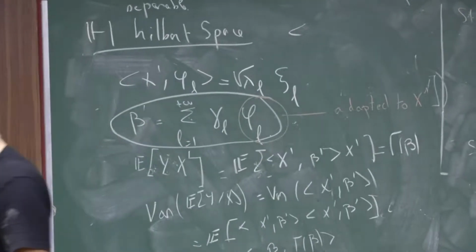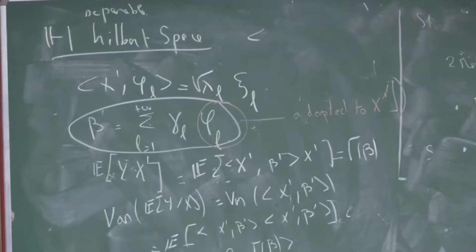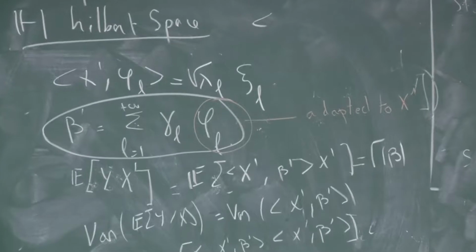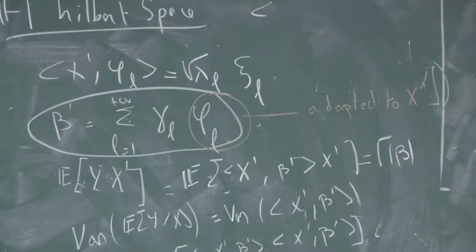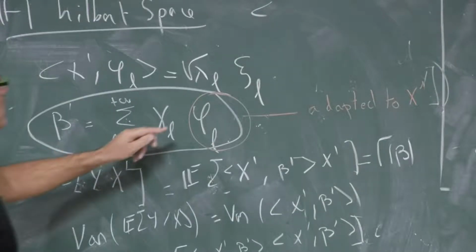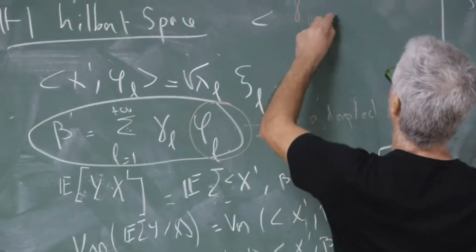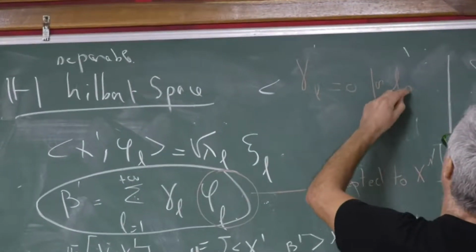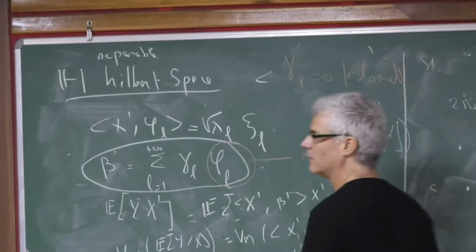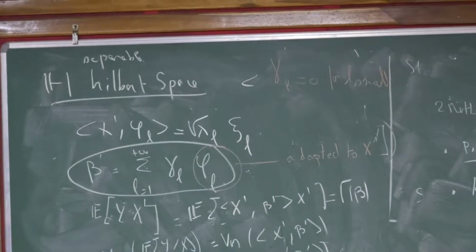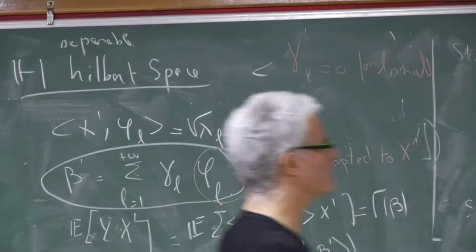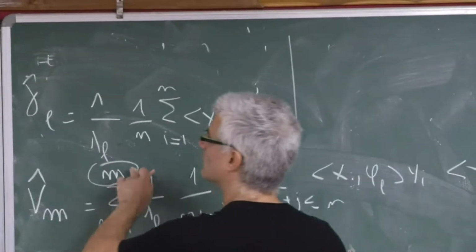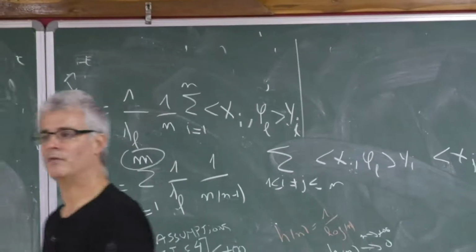phi L is the good way to represent my process X1. But maybe it is not good to represent the beta that I don't know. We can imagine that the gamma L will be equal to 0 for all small l, and since I made a truncation at level m, I will have no information.